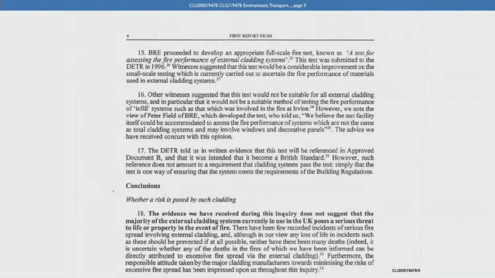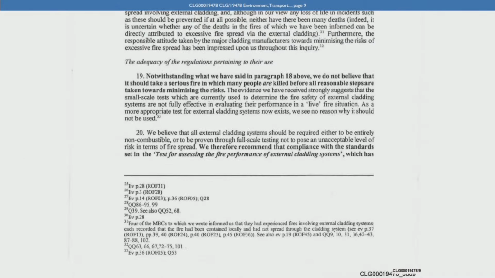Now, against that background, can we please then go to paragraph 19 under the heading, the adequacy of the regulations pertaining to their use. And paragraph 19, we can see the following recommendation. In bold, it says, notwithstanding what we've said in paragraph 18, we do not believe that it should take a serious fire in which many people are killed before all reasonable steps are taken towards minimizing the risks.